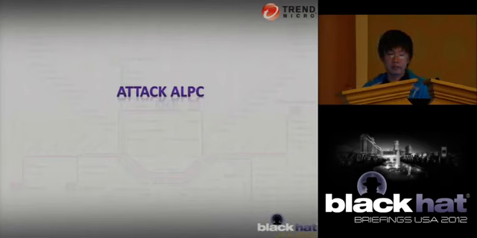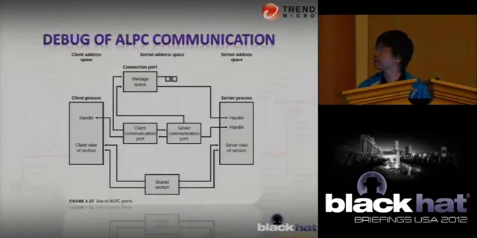Hence, our next step is writing some programs to hook these APIs. This picture shows the ALPC data communication. The client process establishes an ALPC port to communicate with its server process through the message queue.